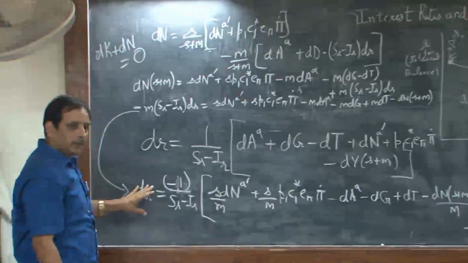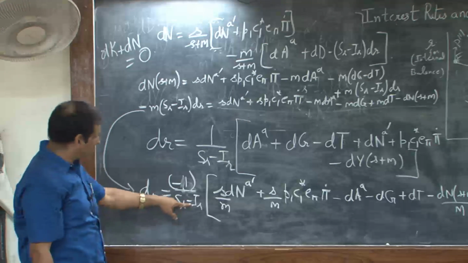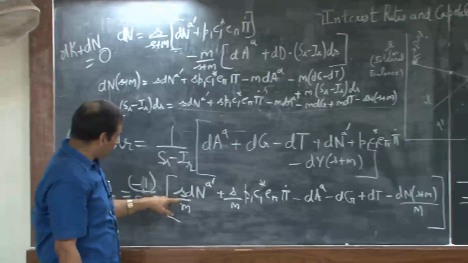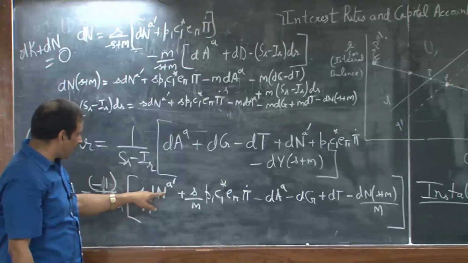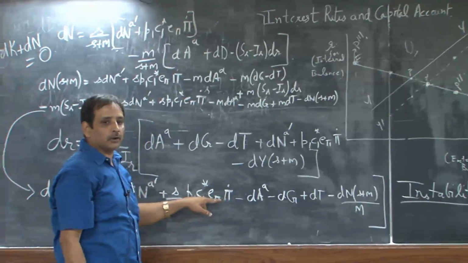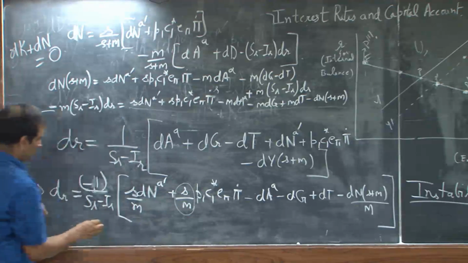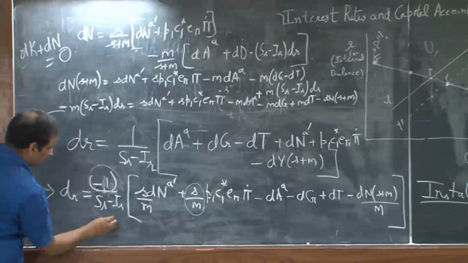So from here you get minus 1 upon SR minus IR, times S plus S by M dna dash, S by M P1 C1 star E pi pi dot. I want you to concentrate on this and this.